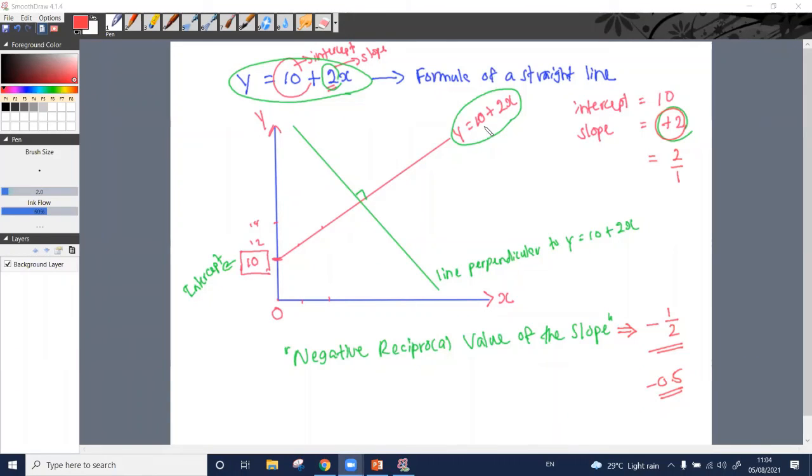Not just the negative value of it, but the negative reciprocal. So it should be negative, and we need to consider the reciprocal of it. What is the reciprocal of 2 over 1? The denominator and numerator swap. 1 over 2, so negative 0.5. Okay. Negative 0.5.